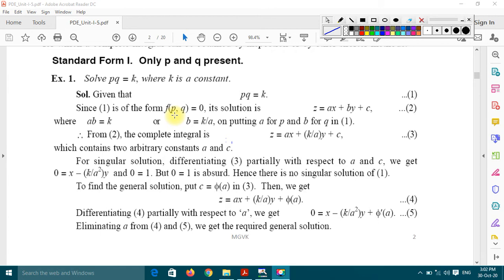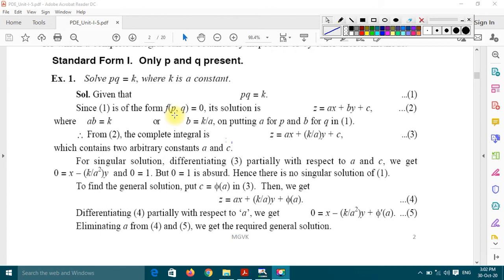So the solution is given by dz = p dx + q dy. Now we substitute the values of p and q, so dz = a dx + b dy. Now integrate it: z = ax + by + c, where c is the constant of integration.